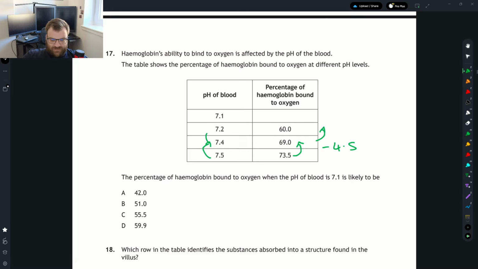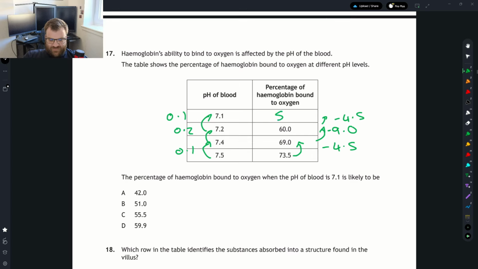Then by 0.2 of a difference, it went down by 9. It's looking like every 0.1 pH, we're losing 4.5% oxygen. So at this point here, we are going down by 0.1. So my prediction would be that it will go down by 4.5.